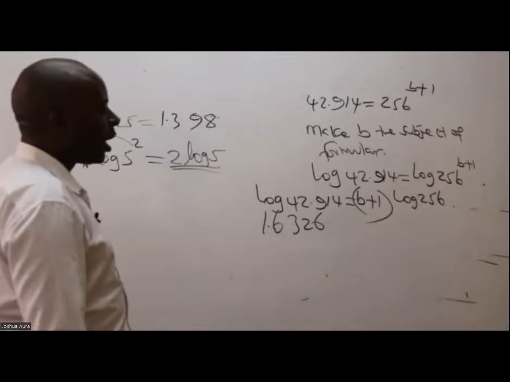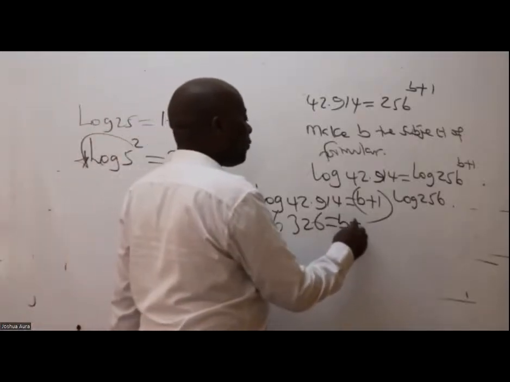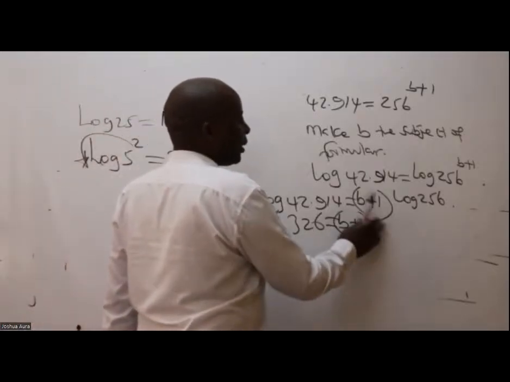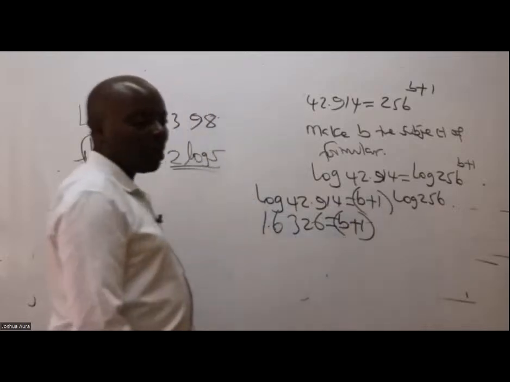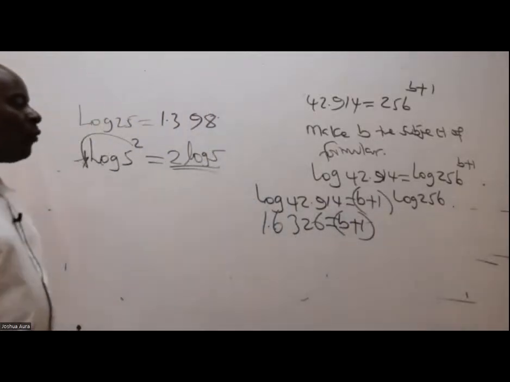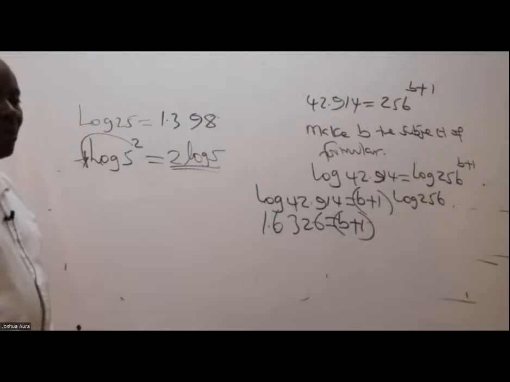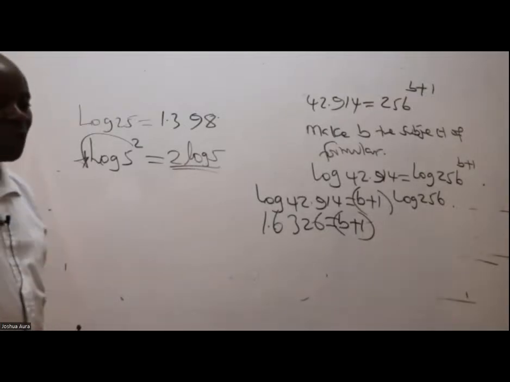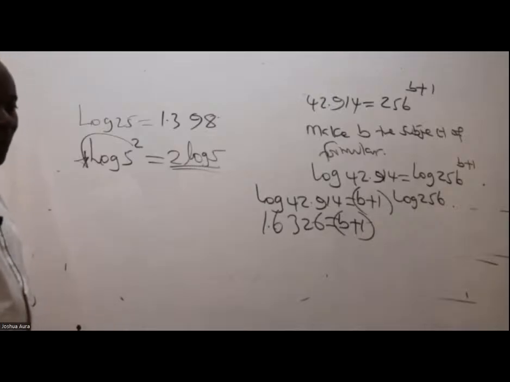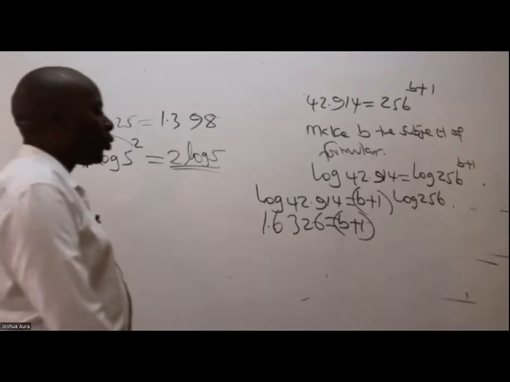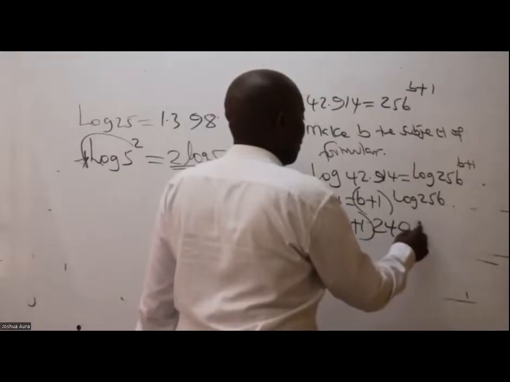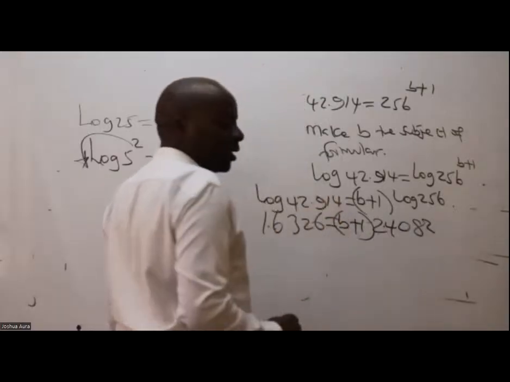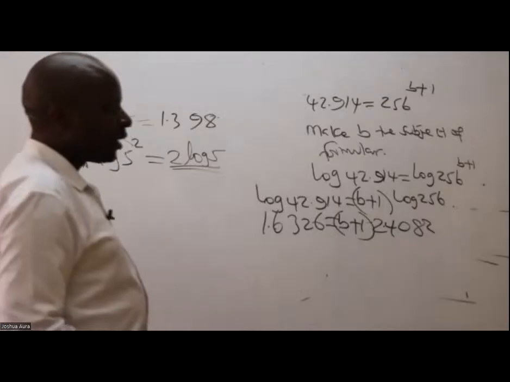Thank you very much. How about log 256? What are we able to see there? 2.4082, with a decimal there. Great.